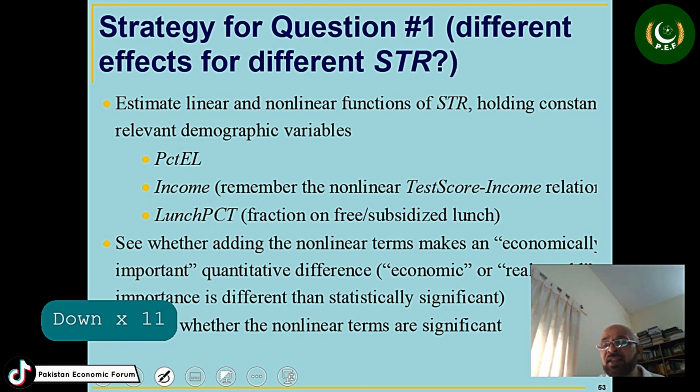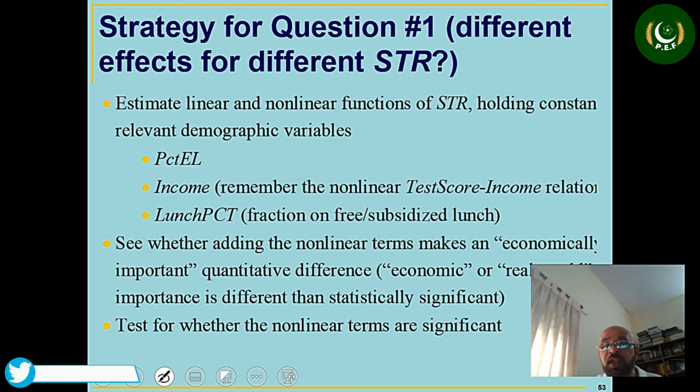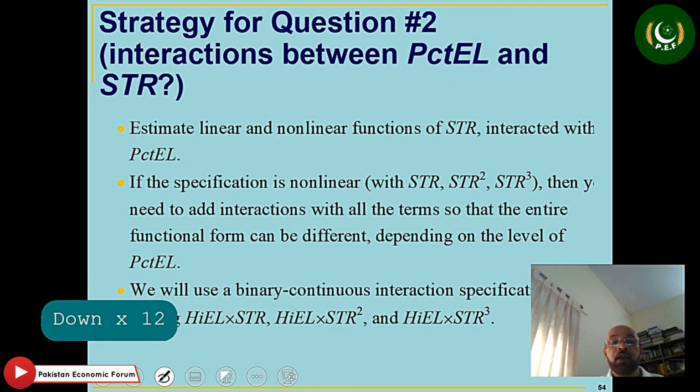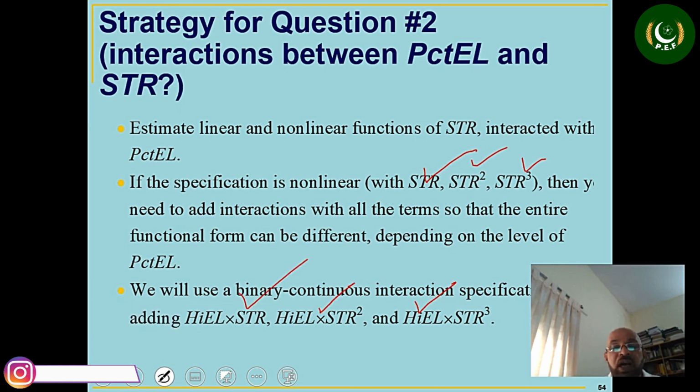See whether adding nonlinear terms makes our results different than what we have discussed in chapter 4, and moreover, does it make economic sense besides statistical significance? Estimate linear and nonlinear functions of student-teacher ratio with percentage English learners, their squares, their interaction terms. We'll see all these variations in our model.